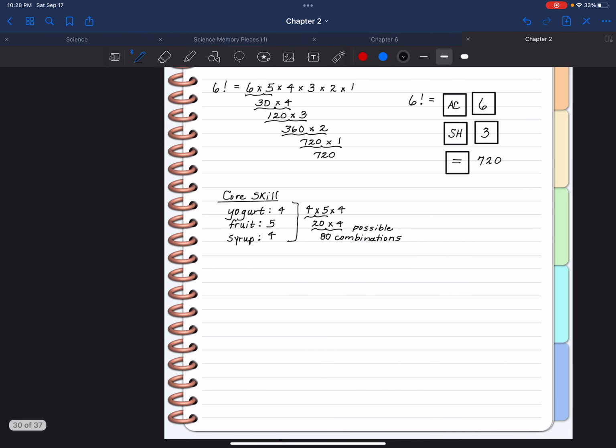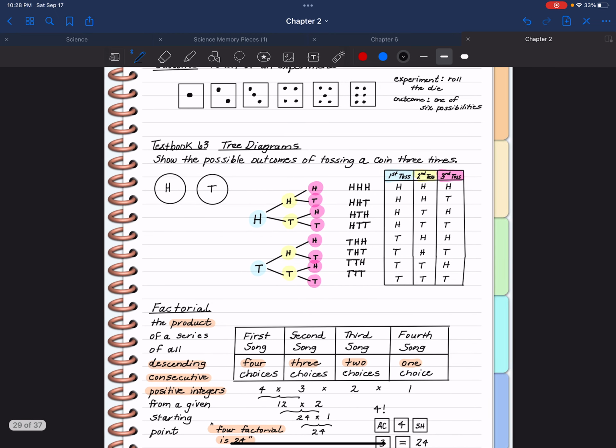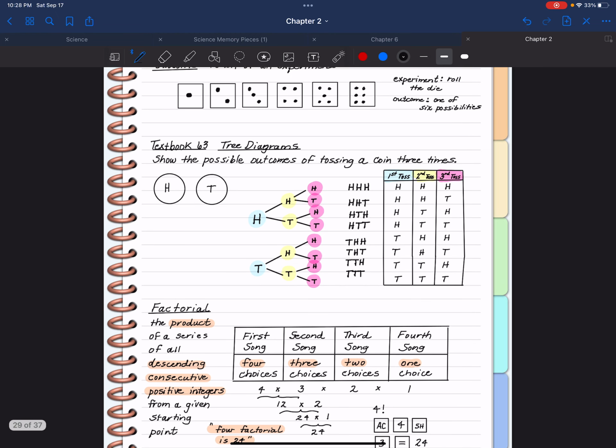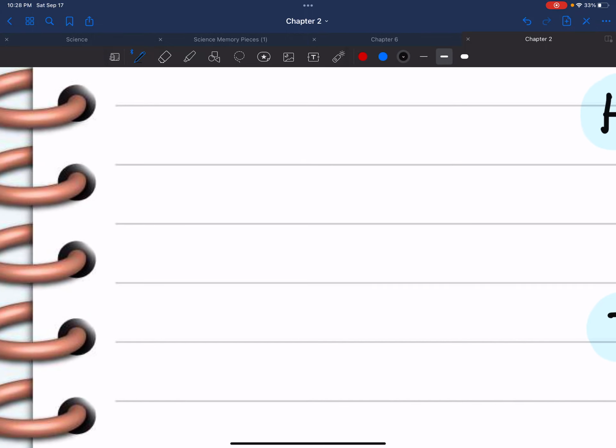I want to go back just a second to my tree diagram because I want to show you what's happening here. The same principle will work here. On the first toss, you have 2 possible outcomes. On the second toss, you still have 2 possible outcomes. And on the third toss, you have 2 possible outcomes, heads or tails.